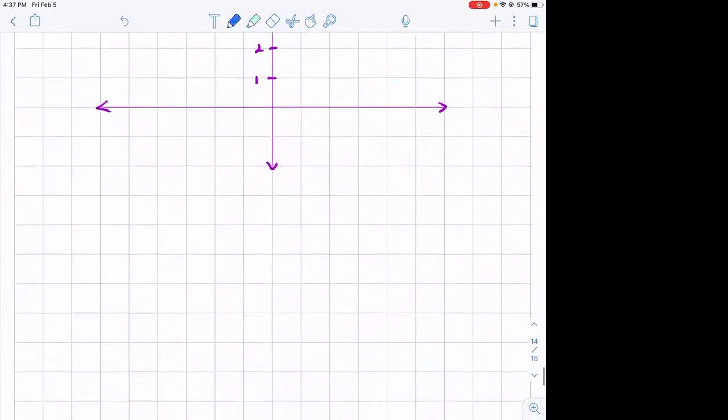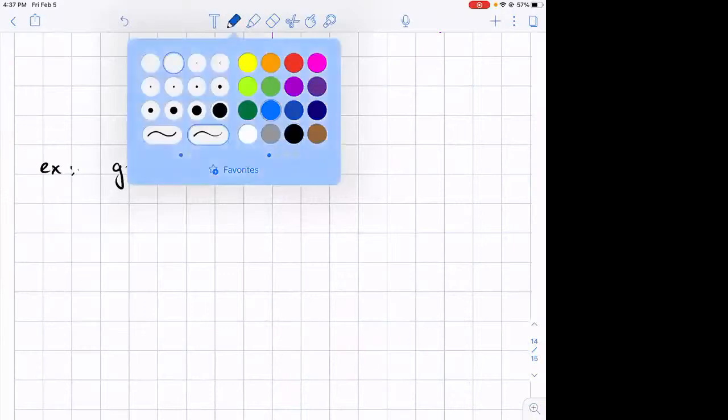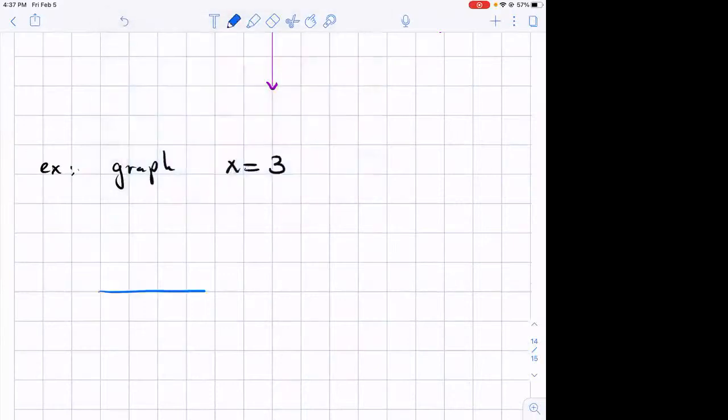Another example is if I ask you to graph x equals 3. Well, if you're asked to graph x equals 3, it means find on the x-axis where x is 3.